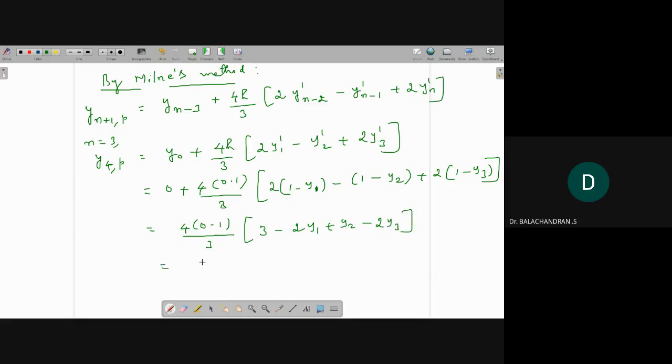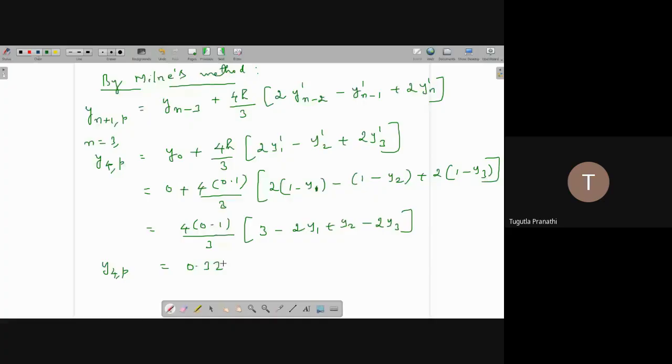So this is equal to, now we should substitute y1, y2, y3. You know y1, y2, y3. Please tell the final value. It is 0.32796. The book answer is 0.3280, so I think all are the same.